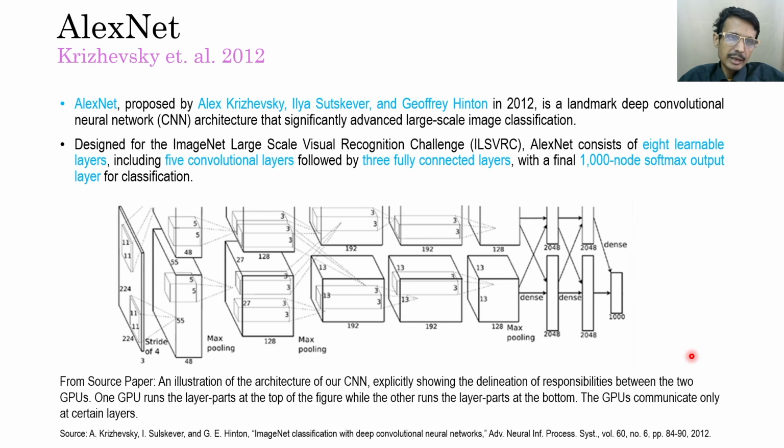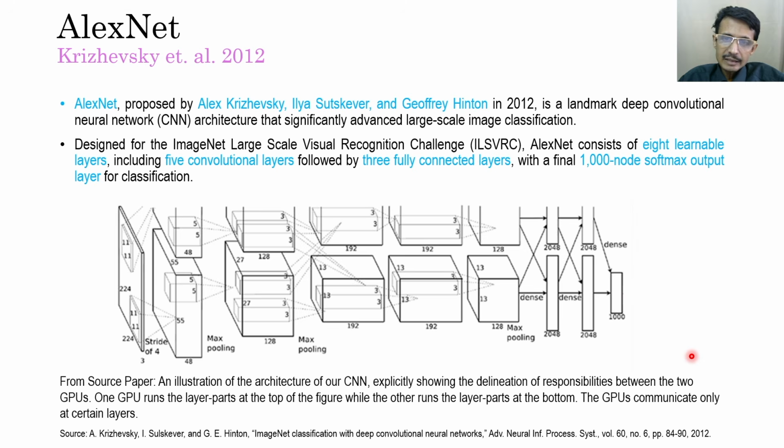In this particular network there were 8 learnable layers, including 5 convolution layers followed by 3 fully connected layers. Most importantly, since it is the ILSVRC challenge, it has 1000 outputs, so a softmax-based output layer for classification. It's a huge network.